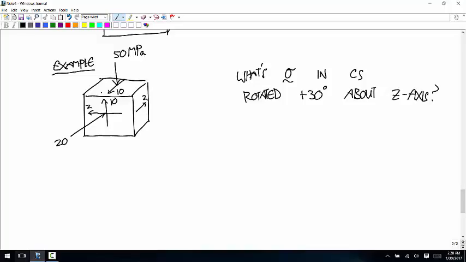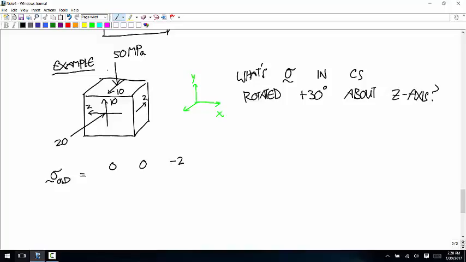All right, so in the original coordinate system, the stress tensor is, on the x face we have 0, 0, negative 2.